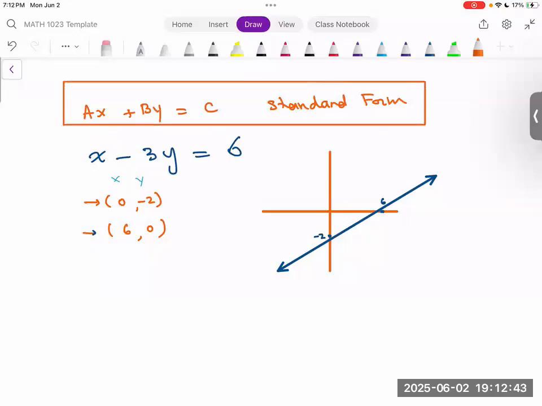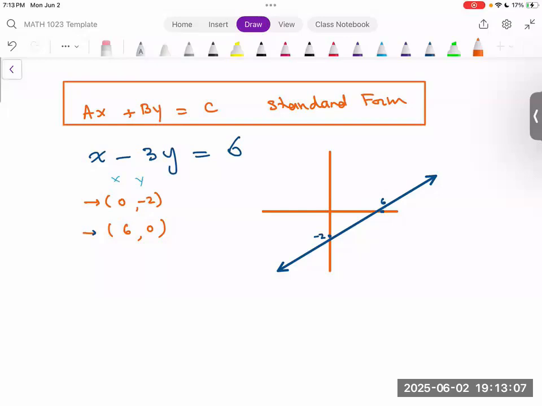What is the best way to graph a linear equation in the standard form? How do you graph it, guys? We know it's a line, but how do you get to the line? By looking at the x-intercept and the y-intercept.